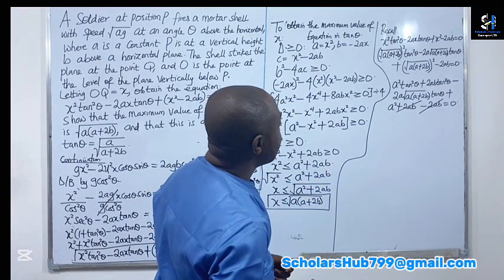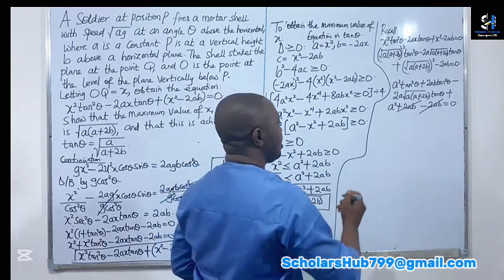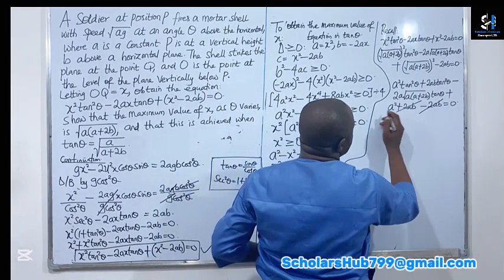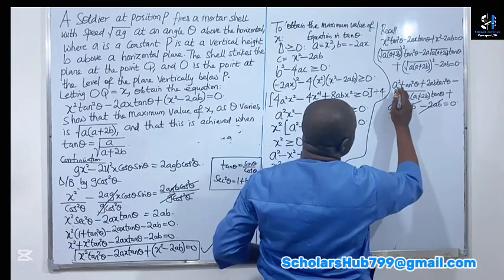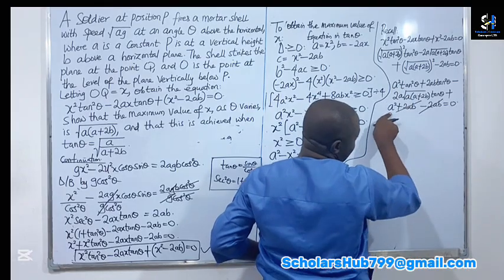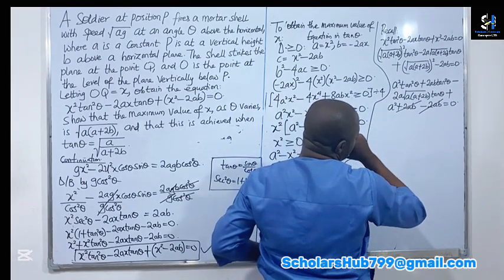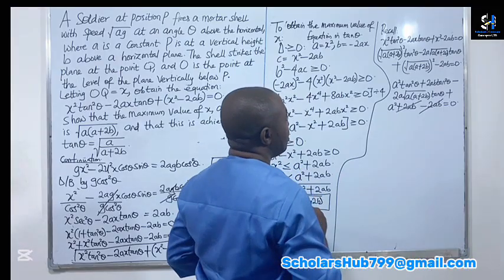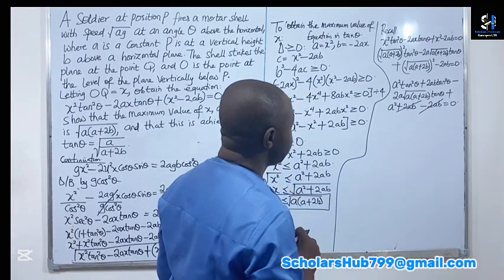So now the next thing to do is let's divide both sides by a. a plus a, that will be 2a. 2a squared plus a squared, that will be 2a squared.